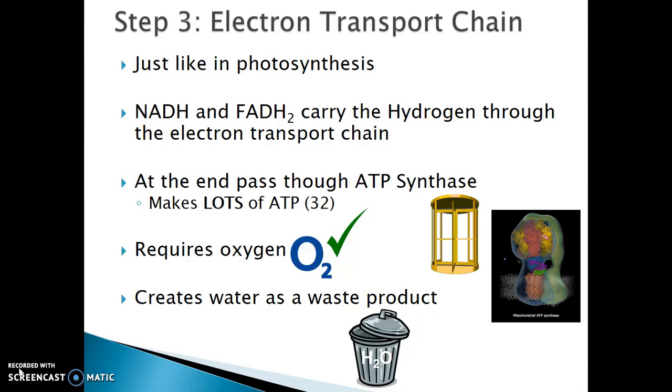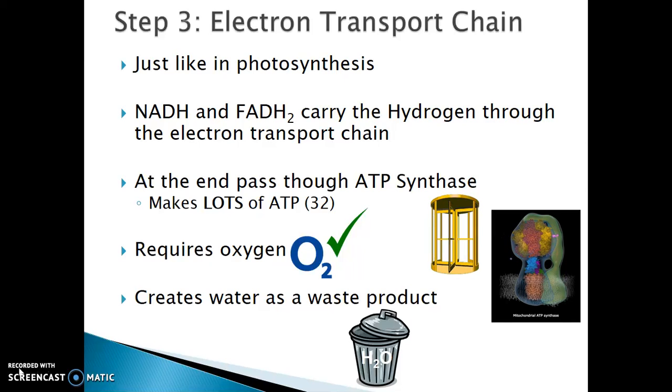Yes, this is the same electron transport chain as in photosynthesis. You're going to be using some of the same enzymes to pass these taxicabs along. And at the end of the electron transport chain, we're going to meet the exact same enzyme, ATP synthase. Remember, we know that synthase is an enzyme because it ends in -ase.